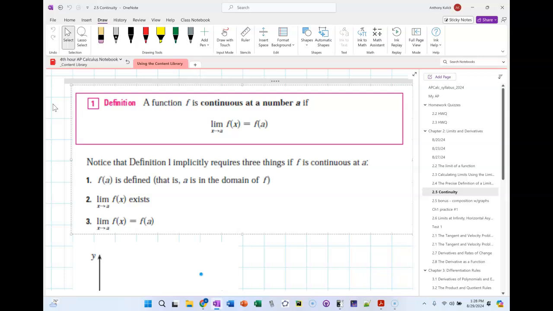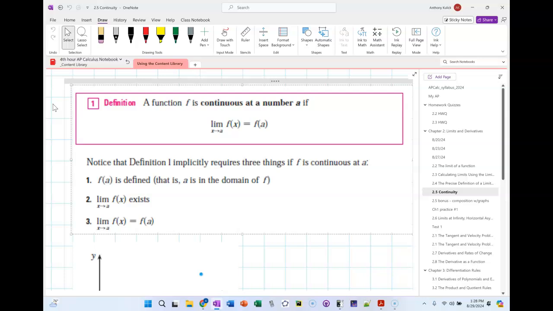So what we're going to want, though, is a mathematical definition for continuity, something that we could prove without having to resort to something as squishy as I can draw the graph without picking up my pencil, right? So we say that a function is continuous at a specific value a if the limit as x approaches a of f of x is equal to f of a.